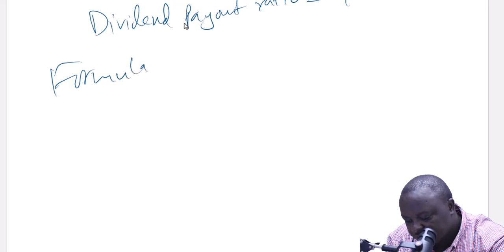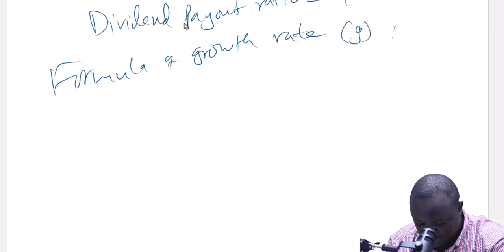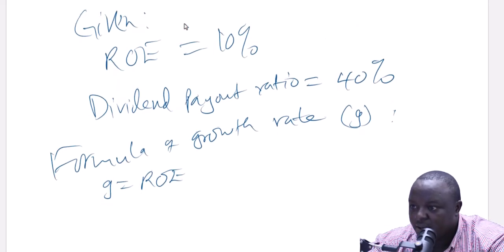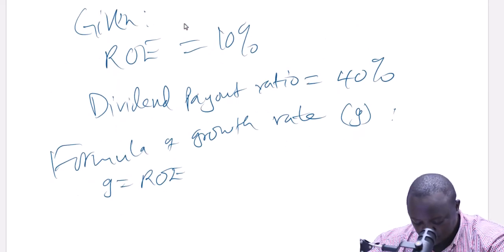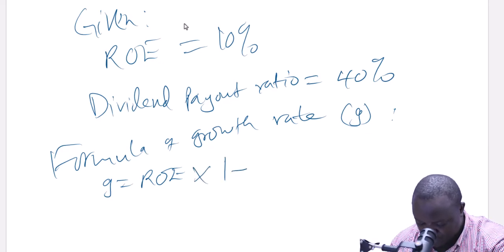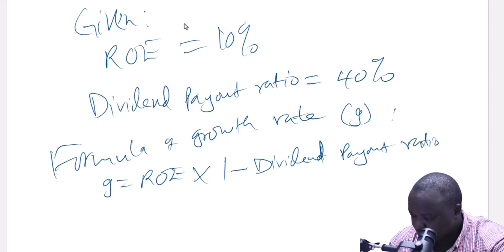So we are going to use the formula of growth rate. G, the growth rate, equals return on equity times 1 minus the dividend payout ratio.